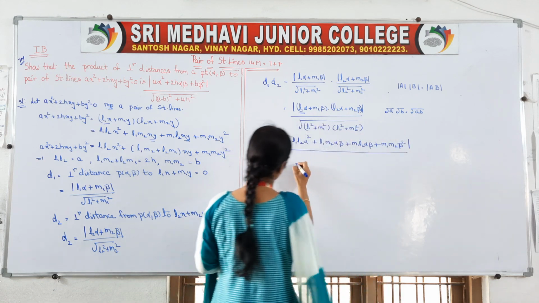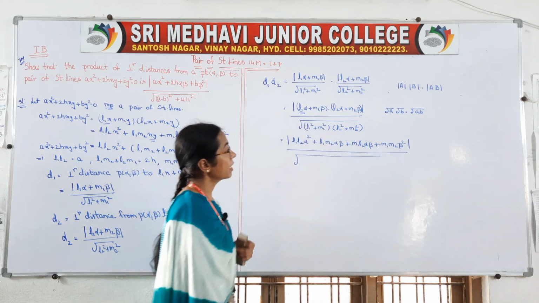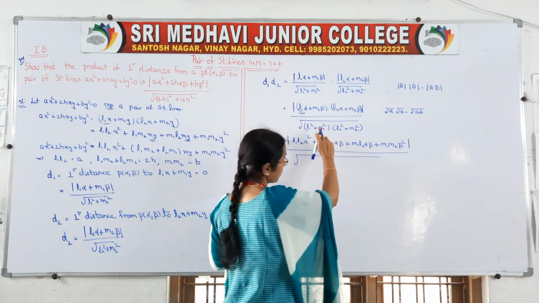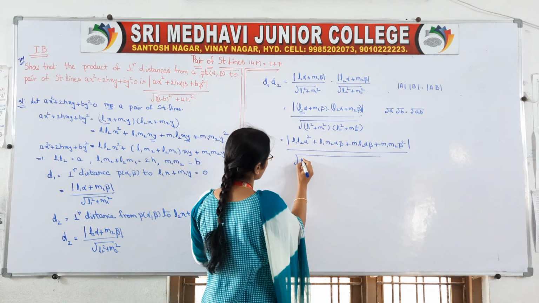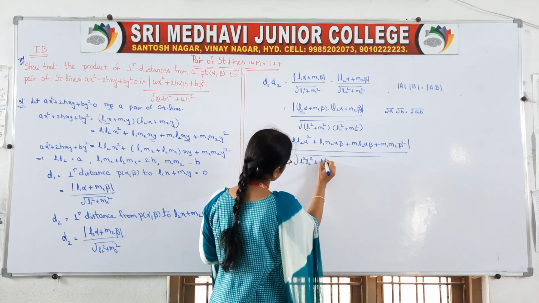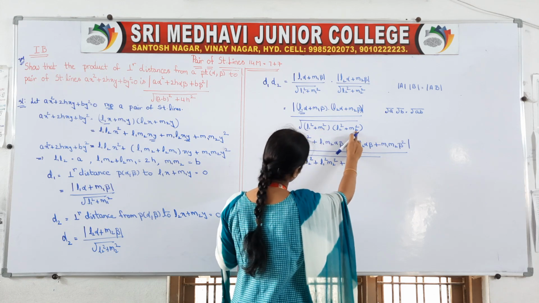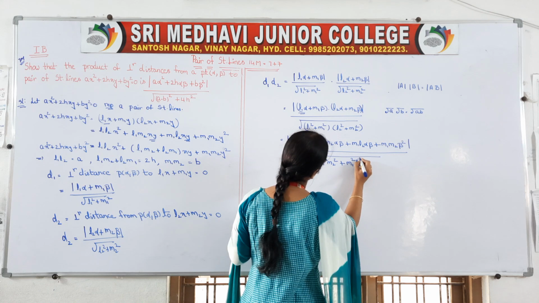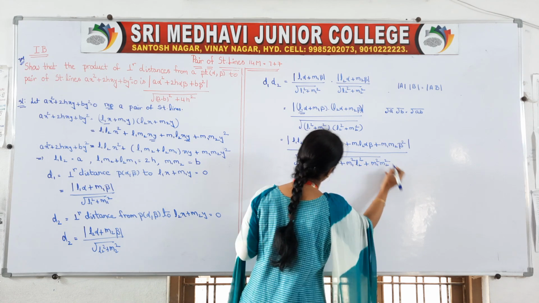Same thing downwards, we have to multiply. First with L1 square multiply these two, next with M1 square multiply these two values. So L1 square L2 square plus L1 square M2 square, plus M1 square L2 square, plus M1 square M2 square.